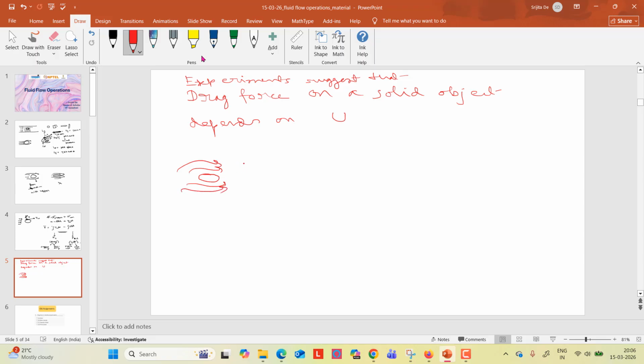We have seen in the lecture notes how the flow velocity tells you how the eddies and chaotic motion will be created. So it definitely depends on the velocity of the fluid.